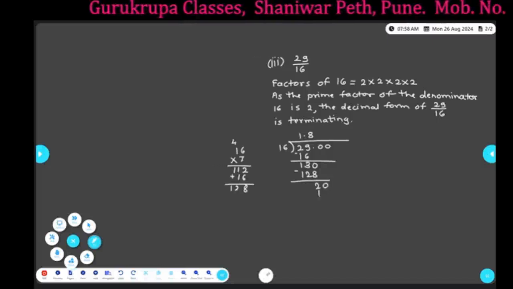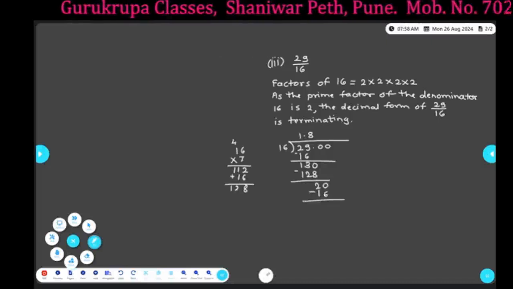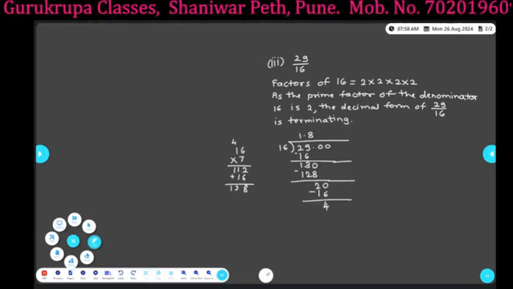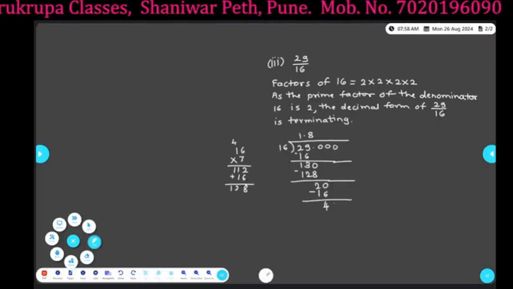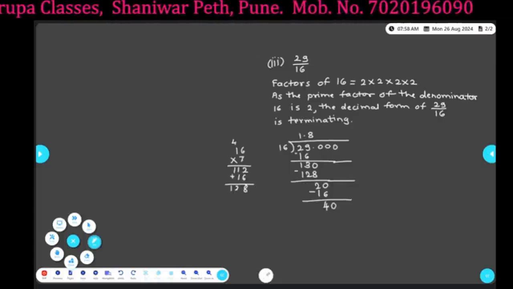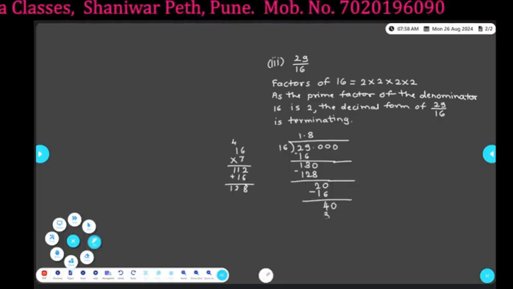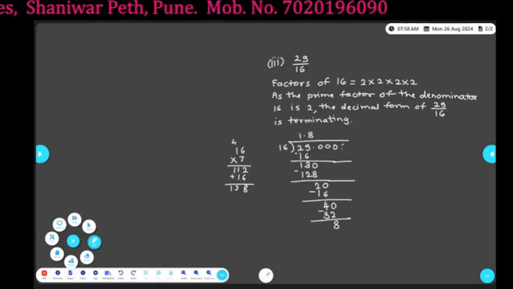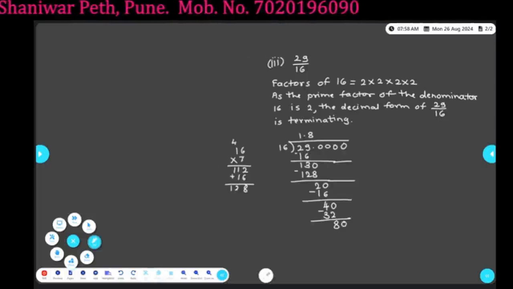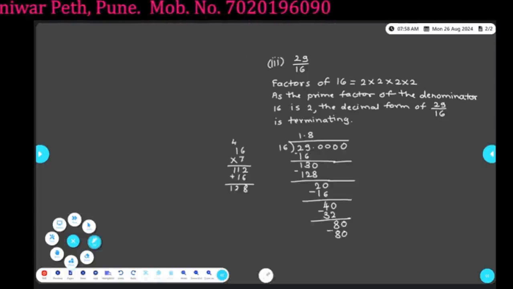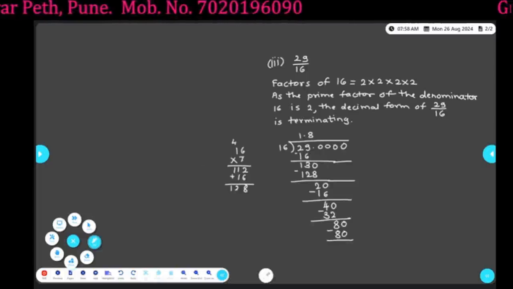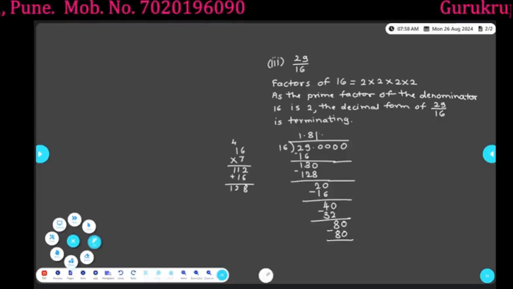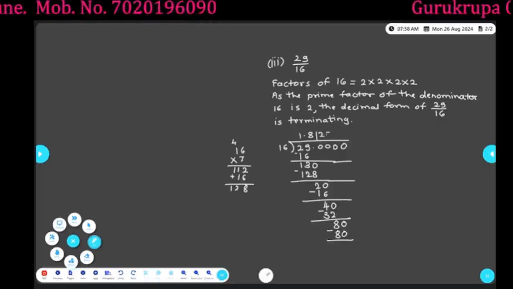We get 20. Again, we get 16 ones are 16. Then we get remainder 4. We get next 0 for that. 40. 16 2s are 32. We get 8. Then again we need a 0. And as we know that 16 8s are 128, 16 1s are 16, 16 2s are 32 and 16 5s are 80.